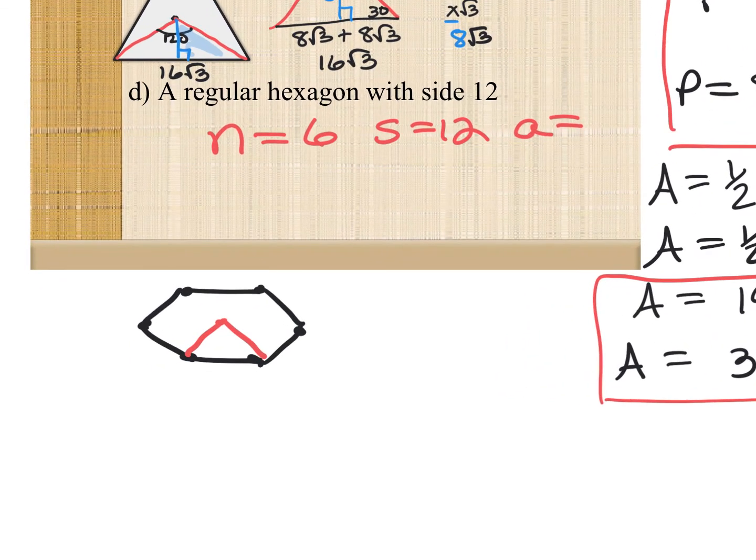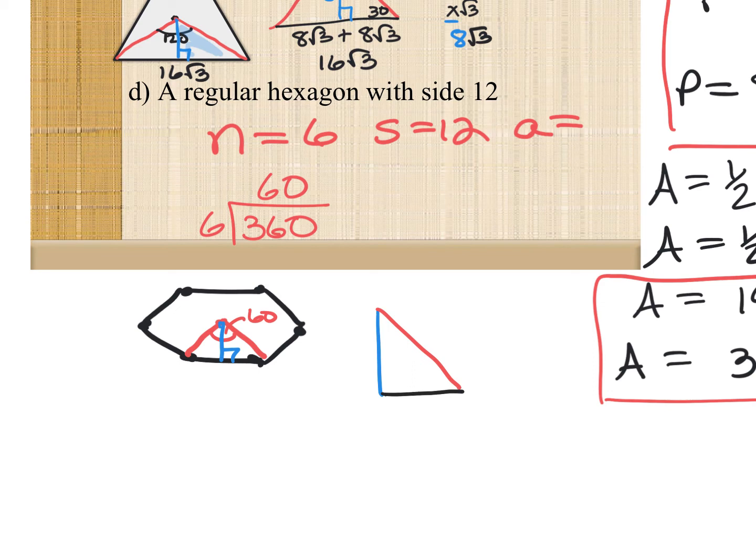Figure out the central angle, 360 divided by 6, and I get 60. So again, the measure of the angle up here is 60, but remember, as soon as you draw in that apothem, it's going to bisect that 60. So now the triangle we're dealing with is a 30, 60, 90 again.